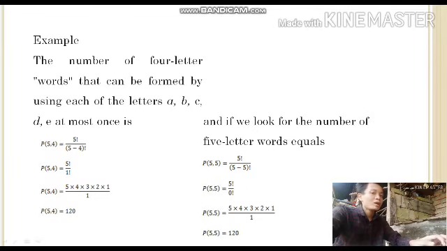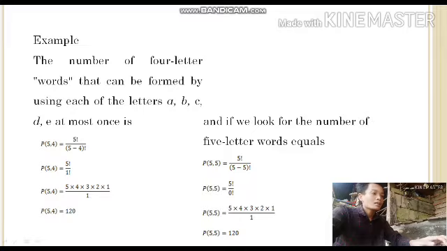And if we want to look for the number of 5-letter words, it equals permutation P(5, 5) equals 5 factorial over (5 minus 5) factorial equals 5 factorial over 0 factorial.